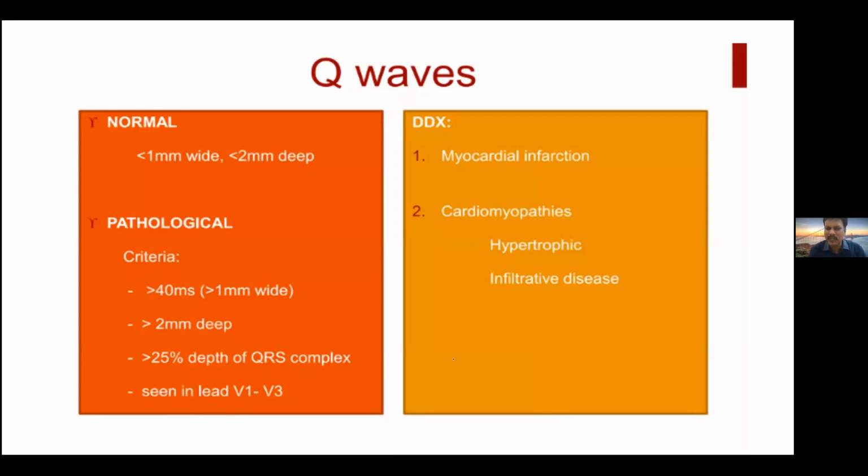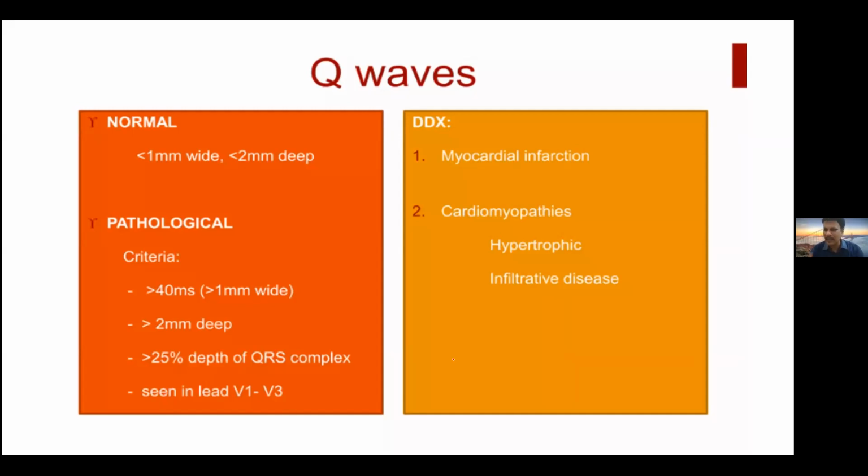Even if the Q wave is present, it is normal, except in some leads. And a depth of less than 2 millimeters is normal. More than 1 millimeter width, more than 2 millimeter depth, that is abnormal, but less than that is normal.